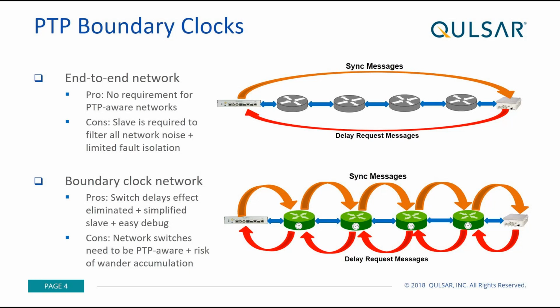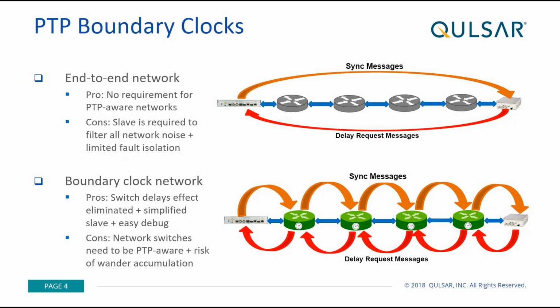To understand how these work, you can see the top diagram here is what we call a non-PTP aware network. So this is a network of a number of switches that just pass the IEEE 1588 packets as if they are normal network traffic. They can't tell the difference between timing packets and video packets and voice packets and whatever else might be on the network.